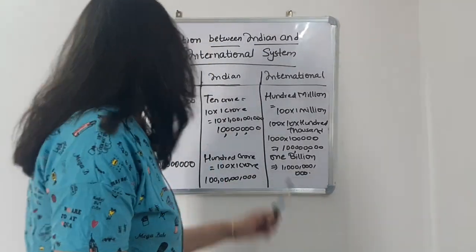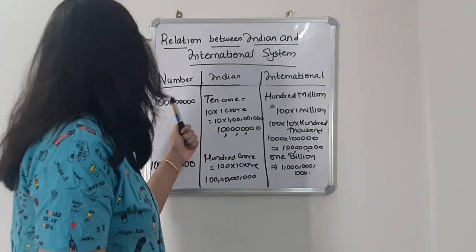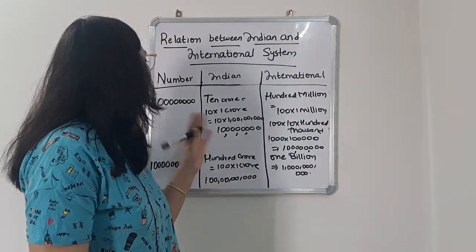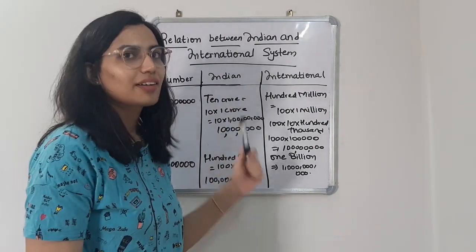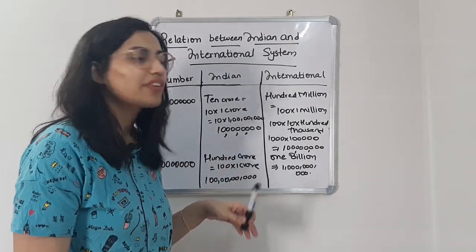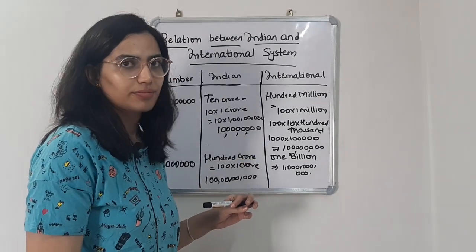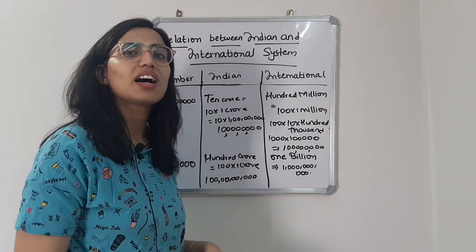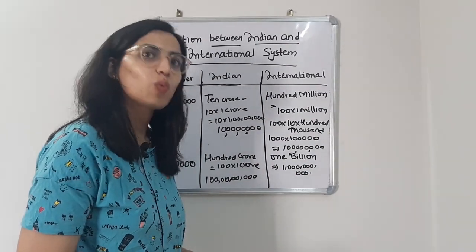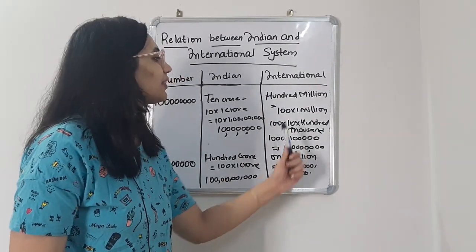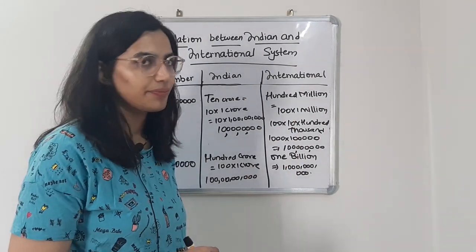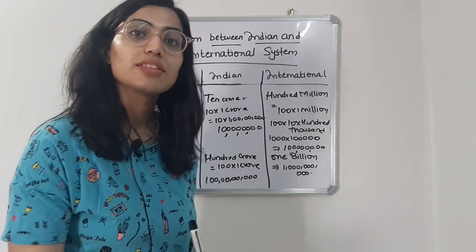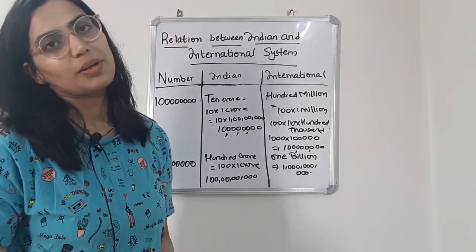Now the next is 100,000,000. That is 1 followed by 8 zeros, which is nothing but 10 crore. And 10 crore, how can we write? 10 into 1 crore, right? Now the equivalent of this is 100 million. That is 100 into 1 million, which is nothing but 100 into 10 into 100,000. Okay. Now if we take 1 followed by 9 zeros, then it is 1 billion.